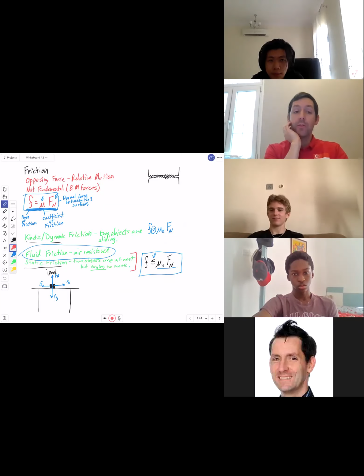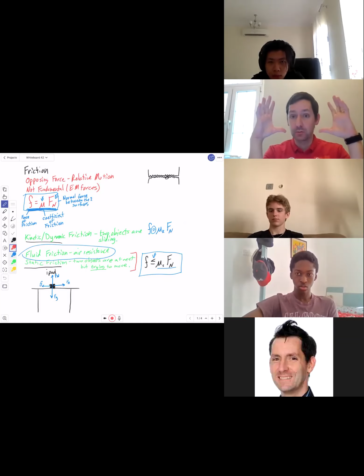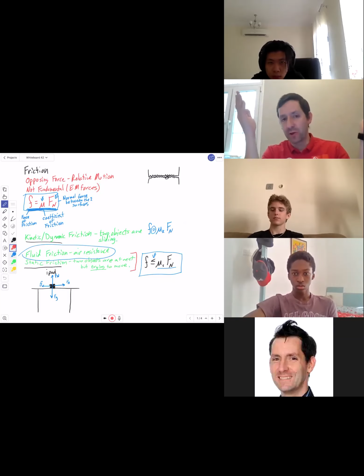Okay, well, 3 of those are basically the same thing, right? That friction is equal to a coefficient times the normal force, right? The first one is the general formula for friction, right? But then depending on whether it's sliding or at rest, you use μ_s or μ_k, right? If it's at rest, you use the static friction, μ_s.